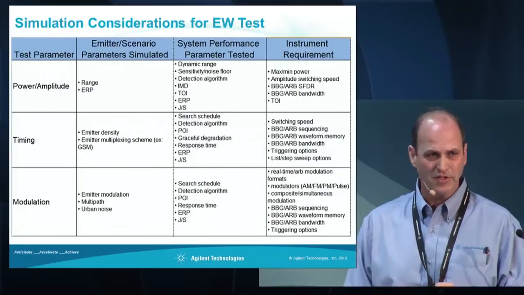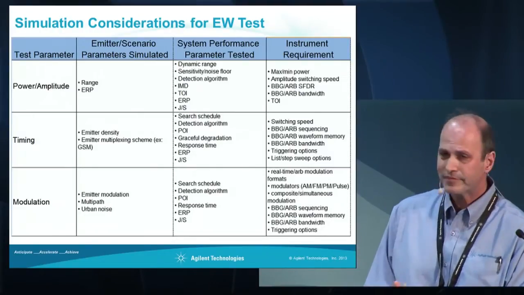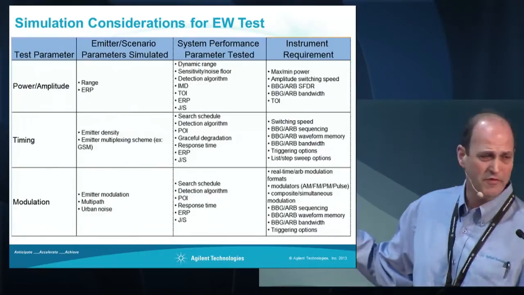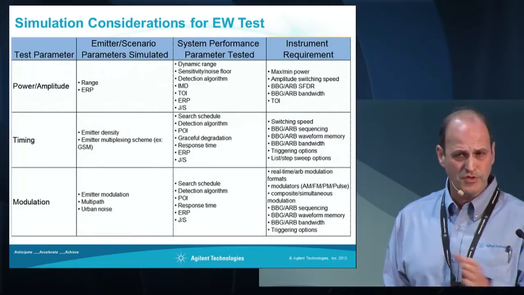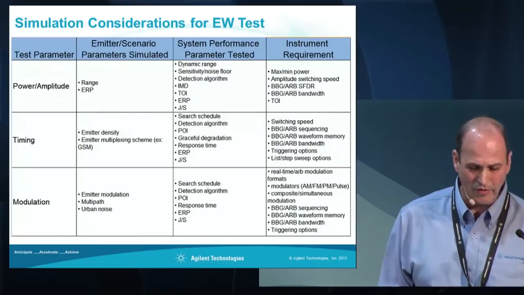Once you detect the signal, how do you jam it to prevent the explosion from going off? Again, the implications for the test system then are you have to have enough switching speed, sequencing memory to again hop between all the various frequencies and have enough bandwidth.